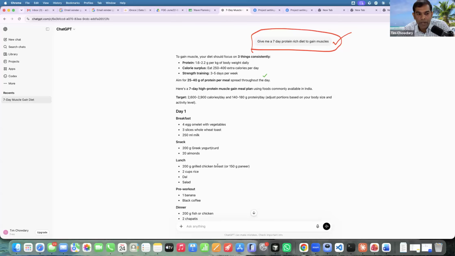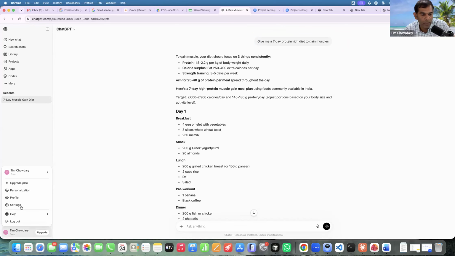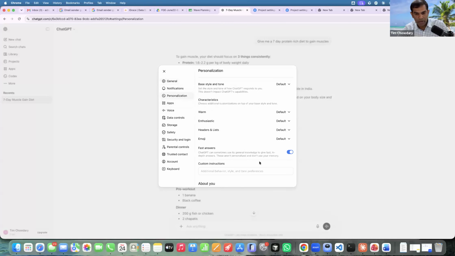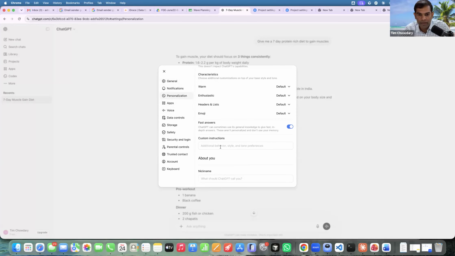Now let's add some context to it. How to add context? Basically, there is no separate option called context, but I can call out some information about myself.